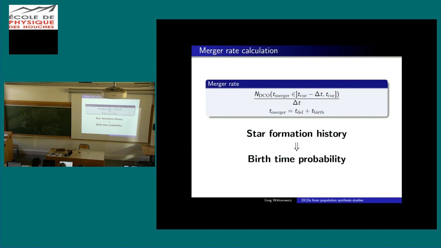And such systems will never merge within Hubble time, whatever their birth time. Okay, so I picked the wrong data. It's just a useless record because it will never merge within Hubble time. So such records you just skip and go to some which have a merger time below 10 gigayears.